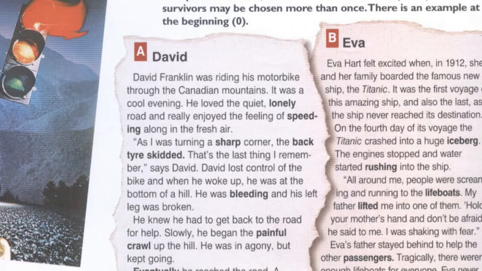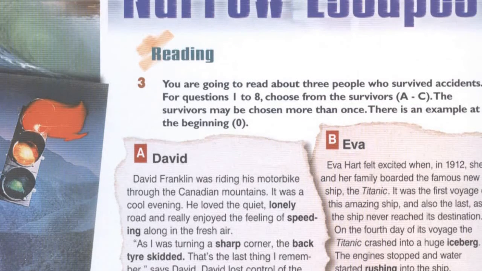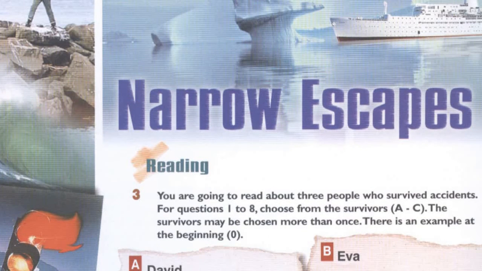Now, look at the title. That is part of the preparation. The title is Narrow Escapes. What is narrow? The first understanding of the meaning is being short from side to side. And escape means to go away from a place where you're not allowed to leave.